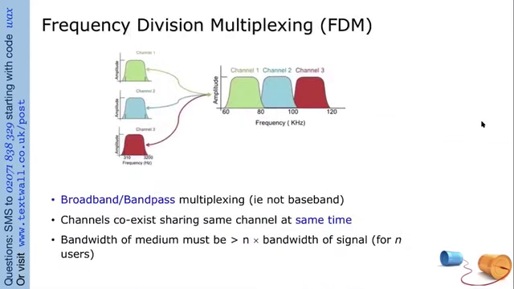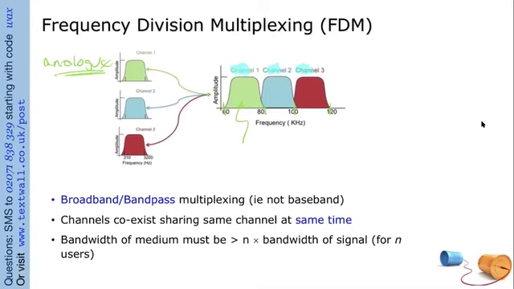So again, terminology. When we talk about frequency division multiplexing, we use the word channel. Okay, so this is generally an analog channel. It doesn't have to be, but it can be analog. So channel 1 will be assigned this frequency range, channel 2 will be assigned a second frequency range, channel 3 the third frequency range.